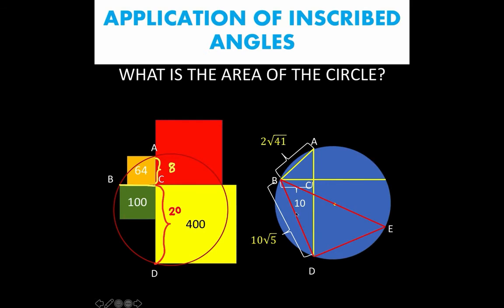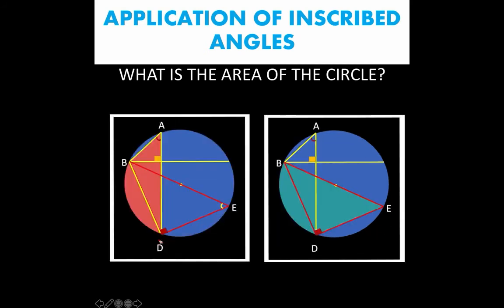And since angle BDE is an inscribed angle, then the measure of this angle is 1/2 the measure of this semicircle, and so 1/2 of 180 degrees is 90 degrees. And so by the inscribed angle theorem, we can now say that angle BDE is a right angle. And so we also have here a right triangle BDE.